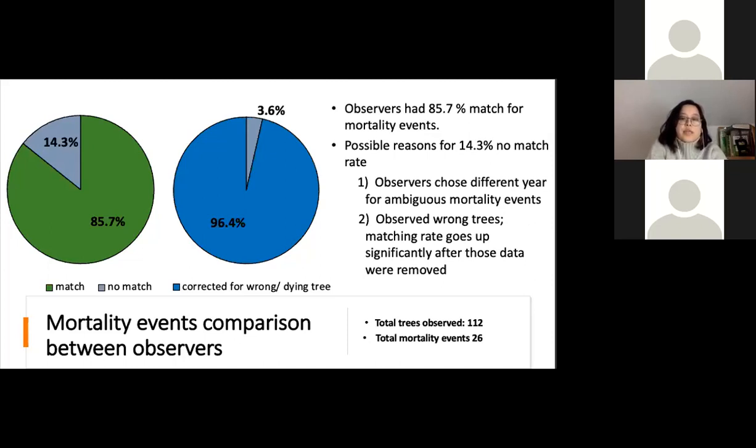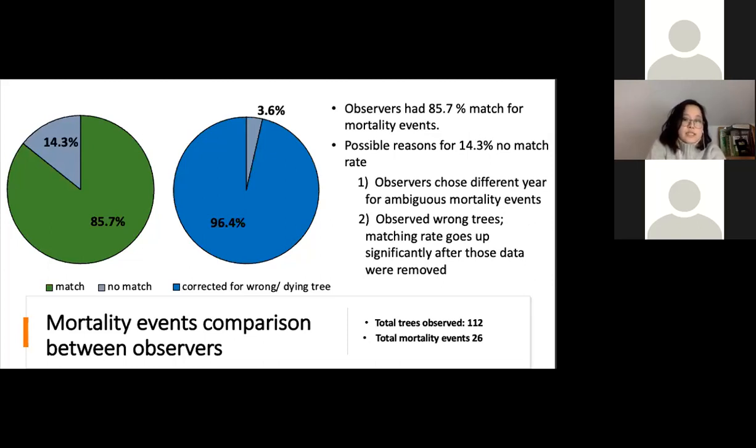After reviewing the observed tree locations from the pilot study, we can identify trees that were clearly dying but still had leaves 1 year and had no leaves the next year. The question is which of those 2 years was the event. And in this case, the 2 observers chose different years.